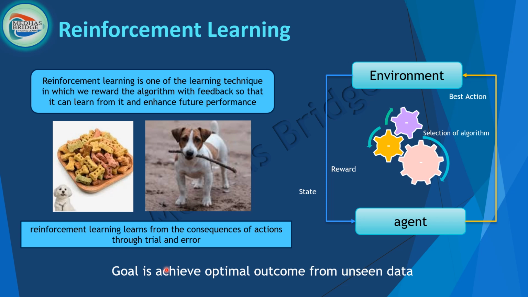So that is a kind of learning by trial and error, isn't it? The kind of feedback that you see is positive reinforcement or negative reinforcement. Okay. So under the hood, the goal of a reinforcement algorithm is to achieve an optimal outcome from unseen data.